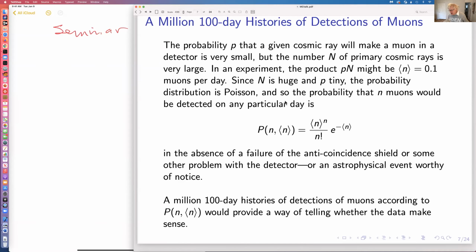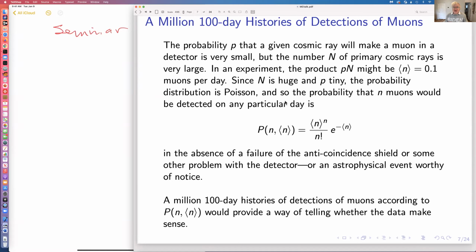And one example is, suppose you're a graduate student working on an experiment that measures muons produced in a detector underground somewhere, or maybe on the surface.